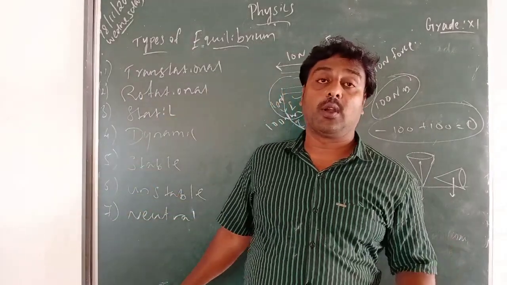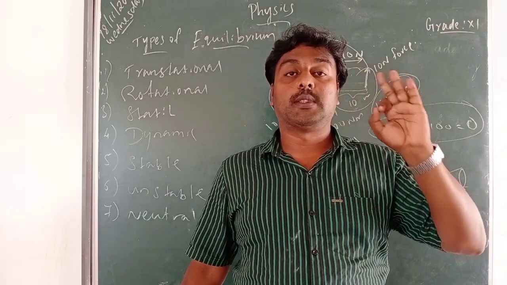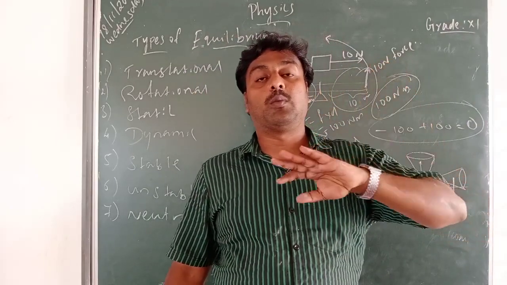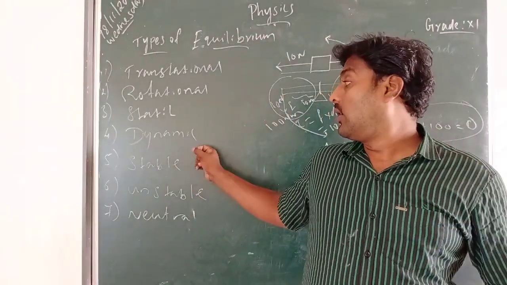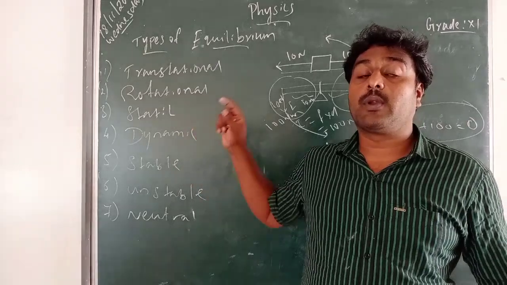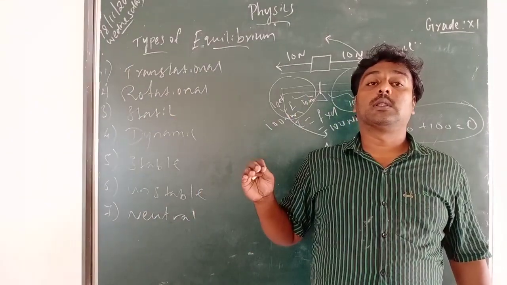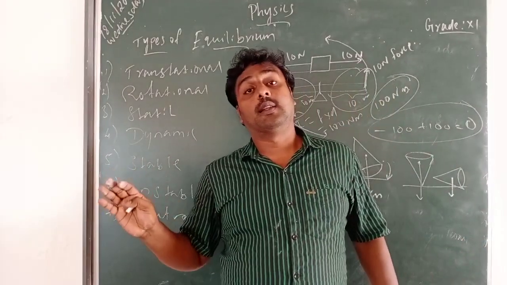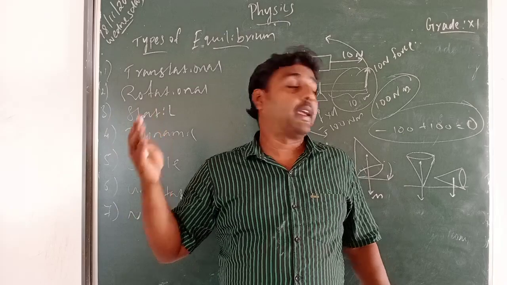So remember these 3 points: linear momentum, angular momentum. Stable equilibrium, unstable equilibrium, both are 0. In stable equilibrium, if you disturb slightly, it will come back to its original position. Center of mass is higher, potential energy higher.